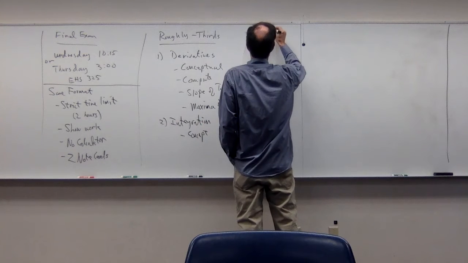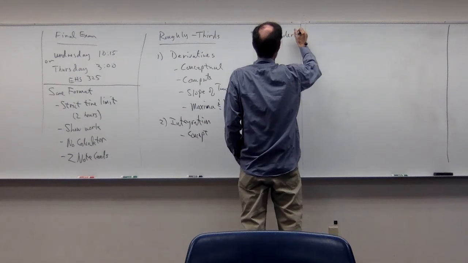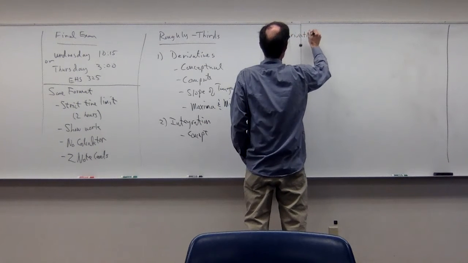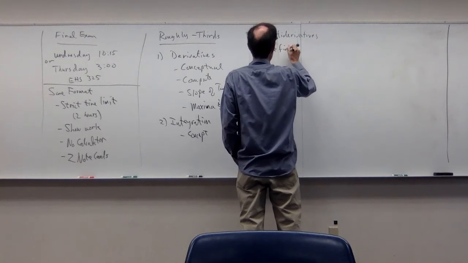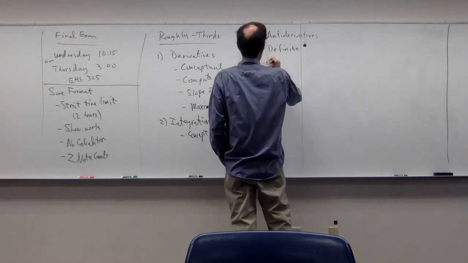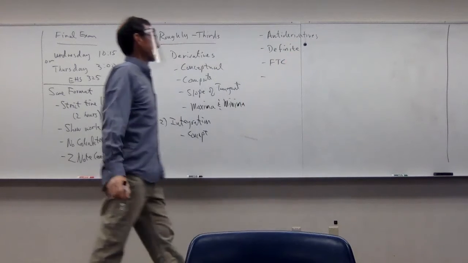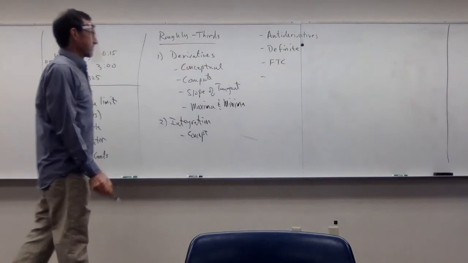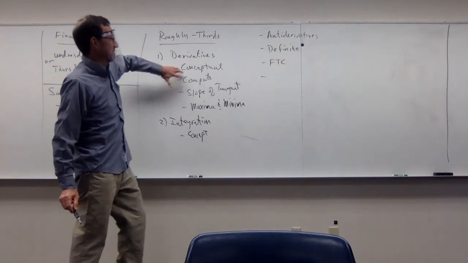And of course, there are two things going on here. The first one is antiderivatives. And the second one is definite integrals, and the connection between them, the fundamental theorem. So over here, I wrote computing derivatives is an important thing.